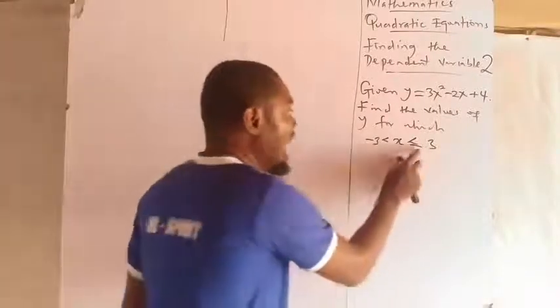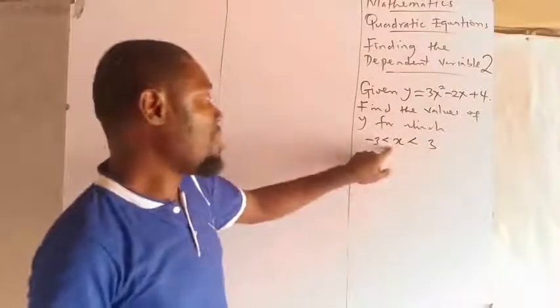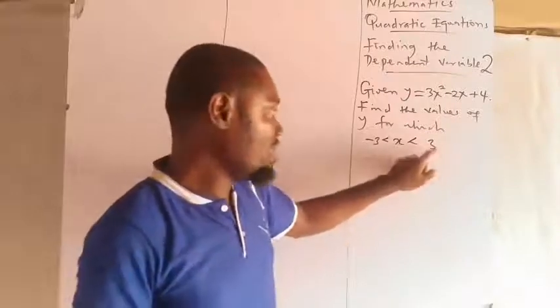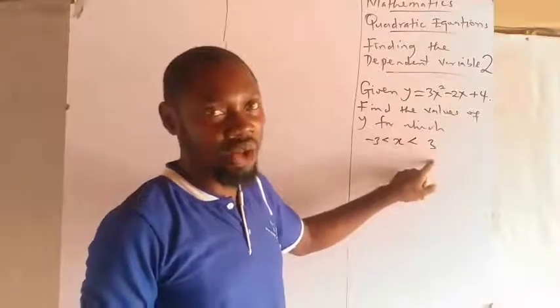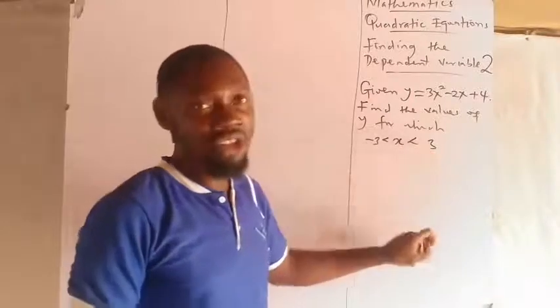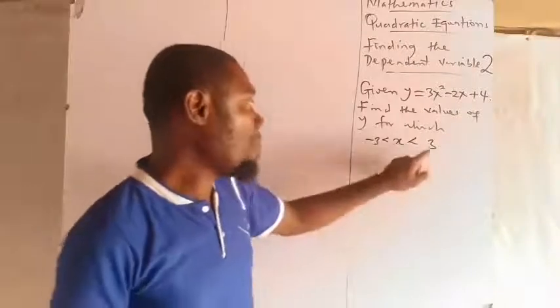And if what you have is also in this form, x is greater than minus 3 and also less than 3, this 3 is also not inclusive. It's exclusive, which means that 3 is not going to be part of the numbers that x will have. So x will stop at 2.